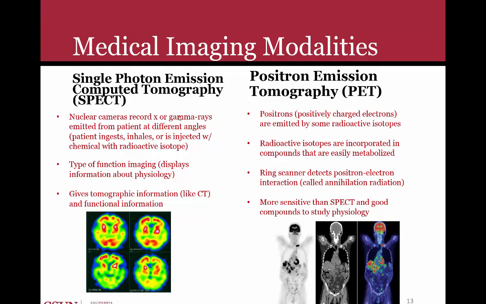Typically those chemicals, or radioactive isotopes, are chemically bound to a chemical of interest, for instance glucose.